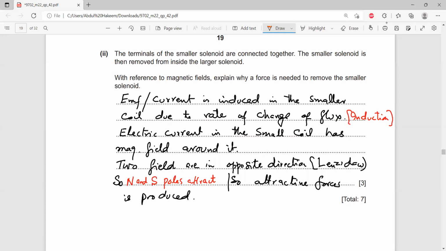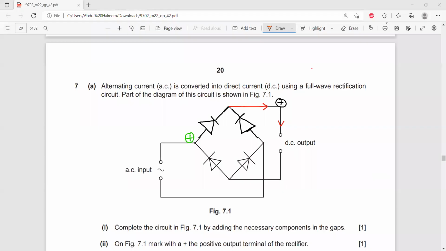So this is the next question. Okay, next question, same paper. Alternating current is converted into direct current using a full wave rectification circuit. Part of the diagram of this circuit is shown in the figure. Complete the circuit by adding the necessary components in the gaps.